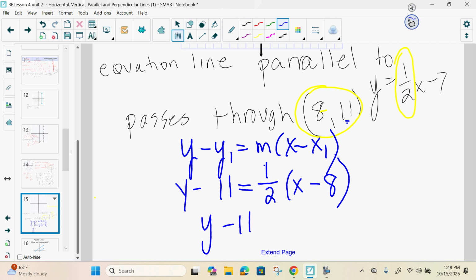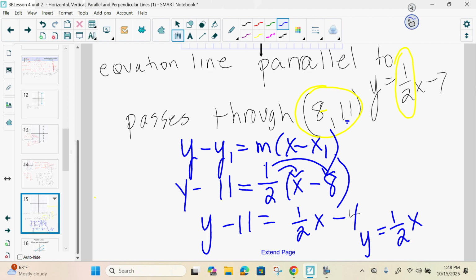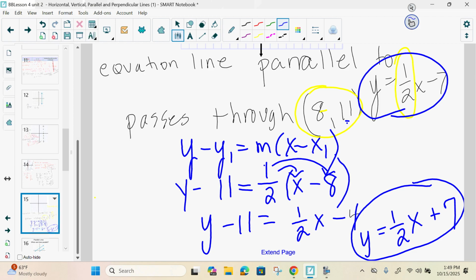You get 1/2 x minus 4. And then what do I do to get the y by itself? Just add 11, and we get 7. So this line and this line have the same slope, different y-intercept. So that's the easier one.